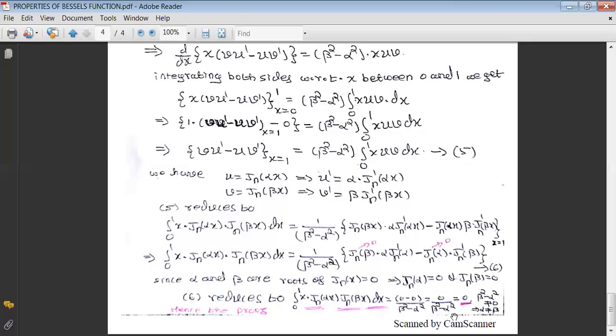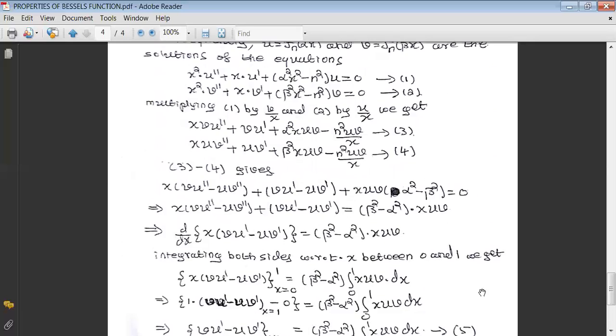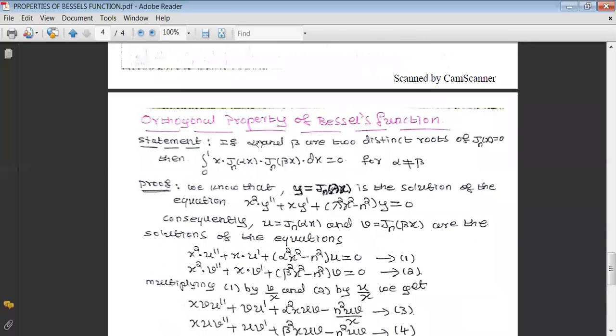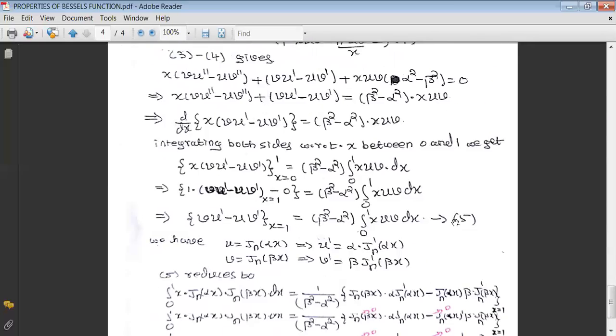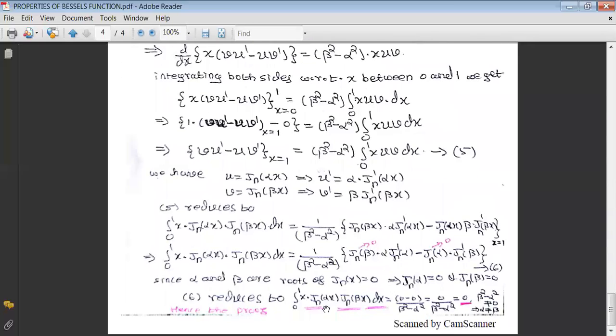Saying this is as good as saying alpha is not equal to beta. That's why here we have proved that whenever alpha and beta are two distinct roots of the equation Jn x equals to 0, then integration from 0 to 1 of x into Jn of alpha x into Jn of beta x dx equals to 0, provided alpha is not equal to beta.